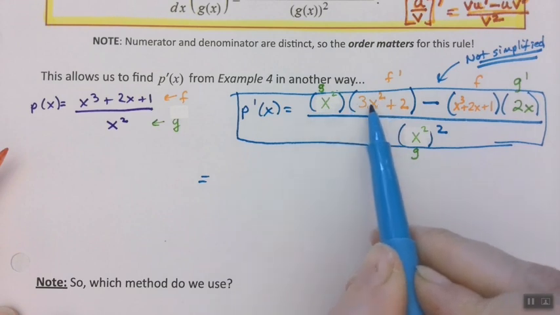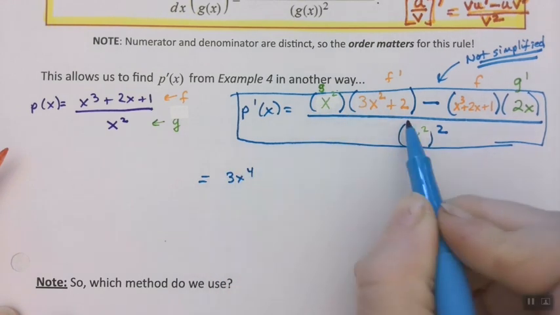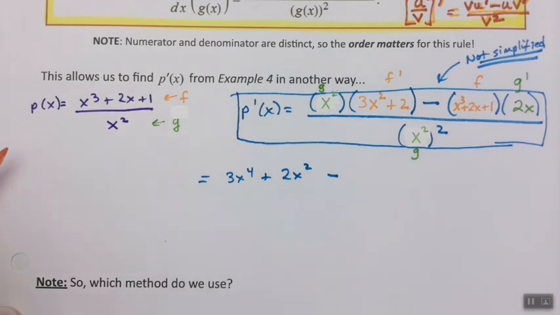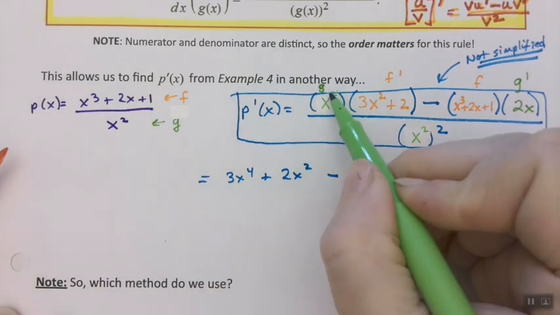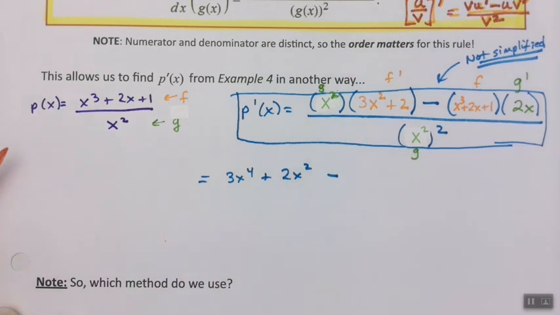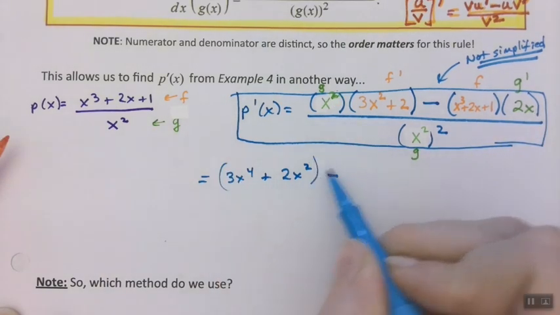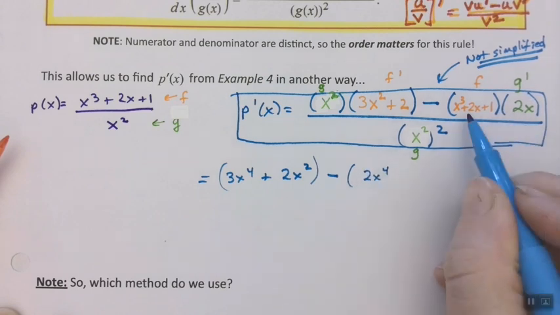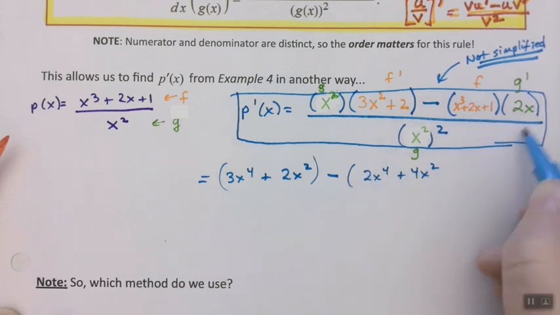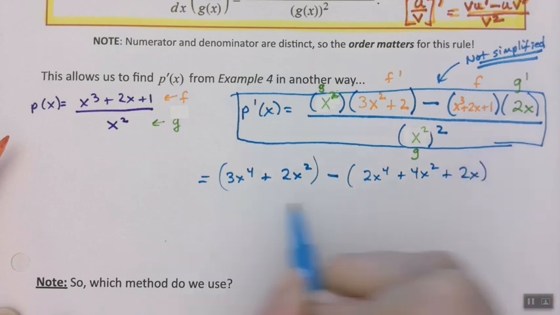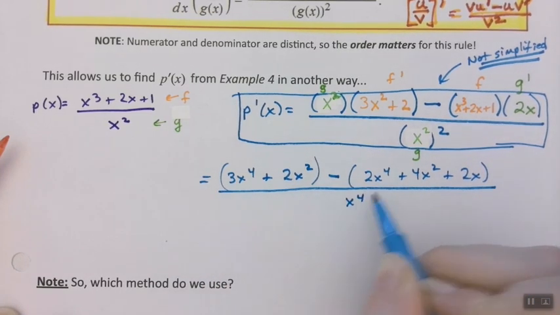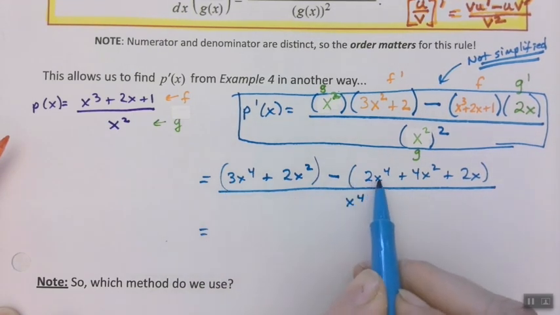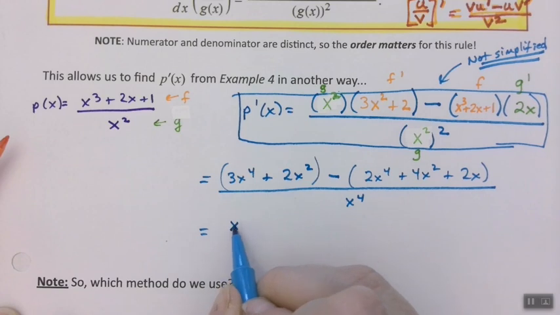So if I distribute this, this would be 3x to the fourth plus 2x squared, take away, and then I would distribute the minus. So 2x to the fourth, plus 4x squared plus 2x, all over x to the fourth, because x squared squared would be x to the fourth. So that'd be 3x to the fourth, take away 2x to the fourth, which is x to the fourth.